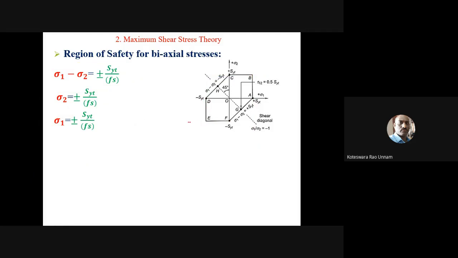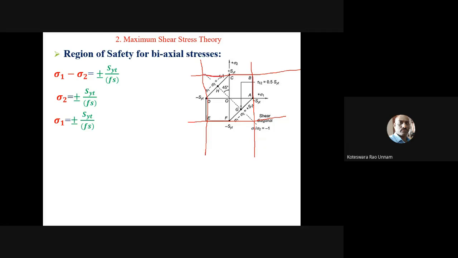So this is the line whose equation is sigma 2 is equal to minus S by D, and this is the line whose equation is sigma 2 is equal to plus S by D, and this is the line whose equation is sigma 1 is equal to S by D, and this is the line whose equation is sigma 1 is equal to minus S by D.